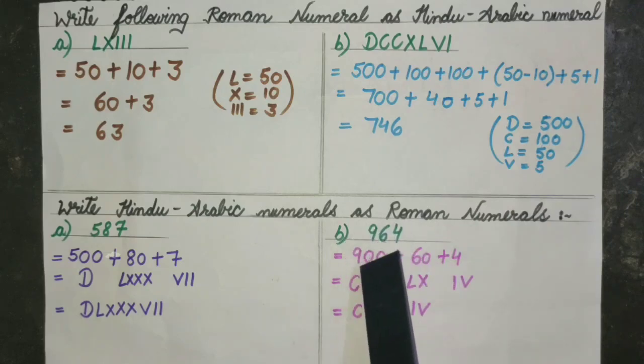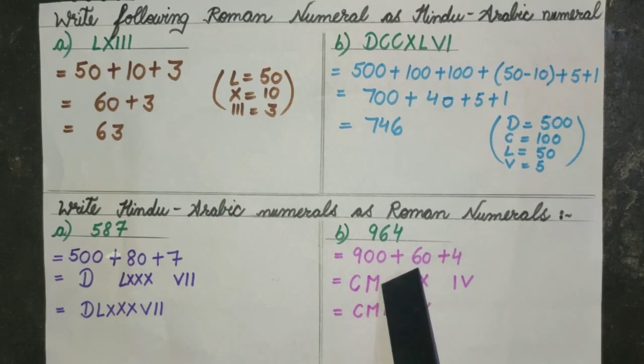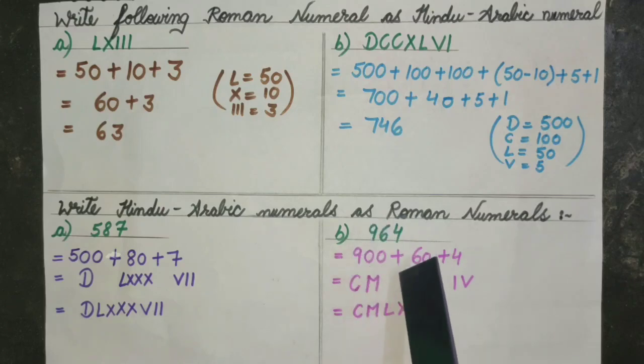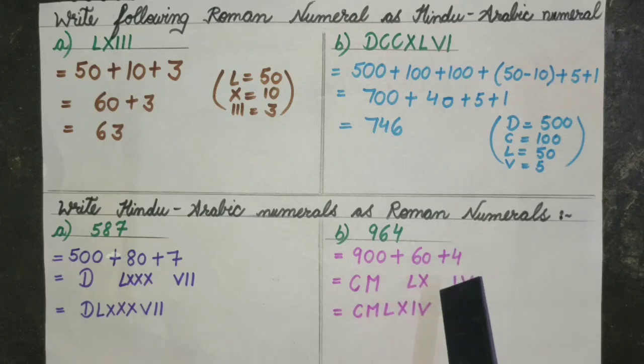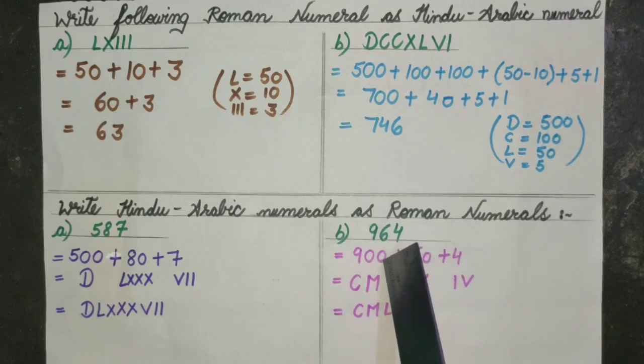How to write 900? You know, I have told you M is equal to 1000. So how to come to know 900? We have to subtract 100 from 1000. When we subtract 100 from 1000, it will be 900.